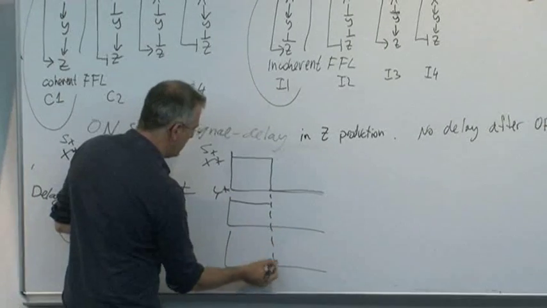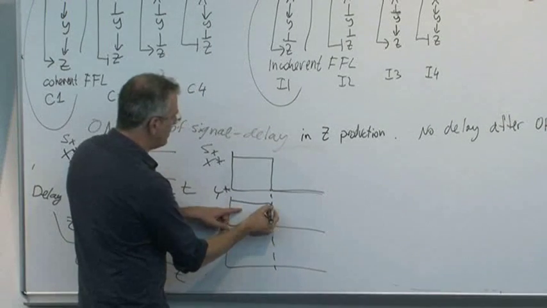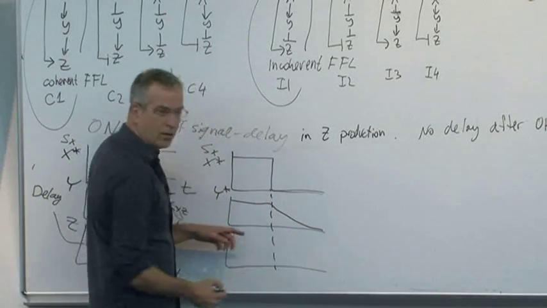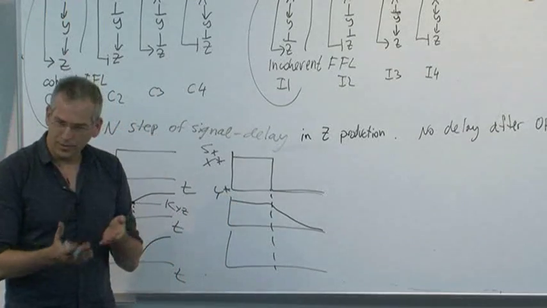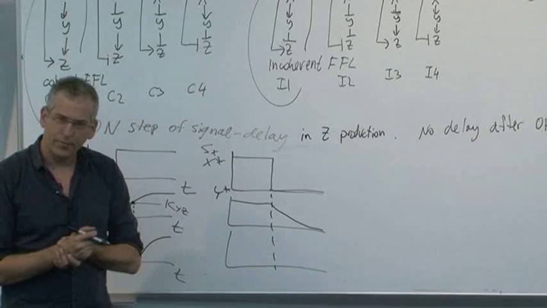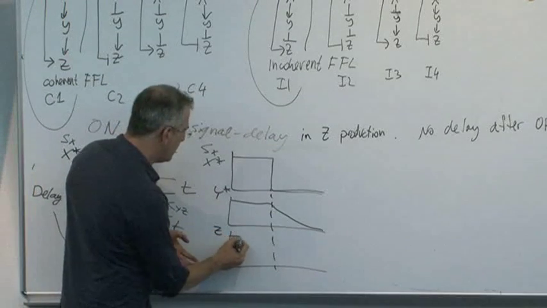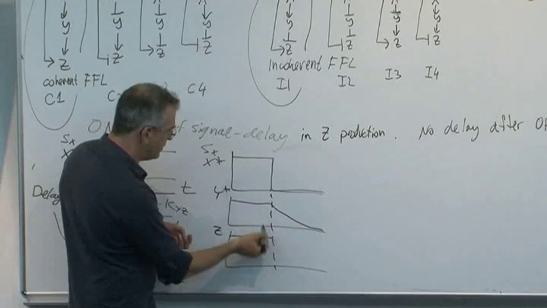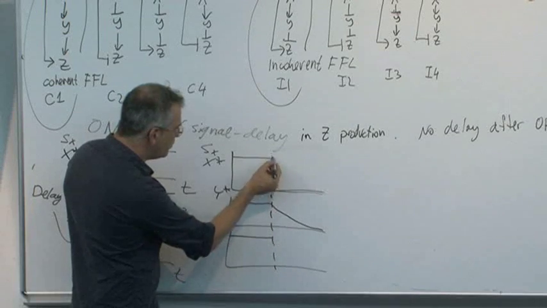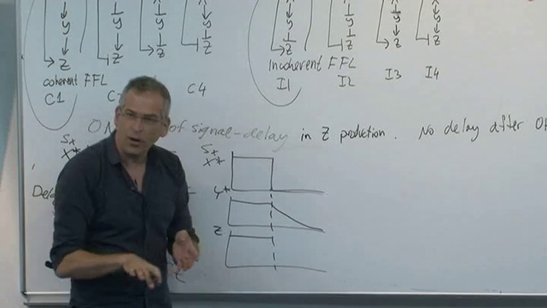So when I turn off X, Y starts decaying, because it's degraded and removed. What about Z? When there was a signal, Z was on in steady state. Now we take it away. It only takes one arm of the AND gate to go off.